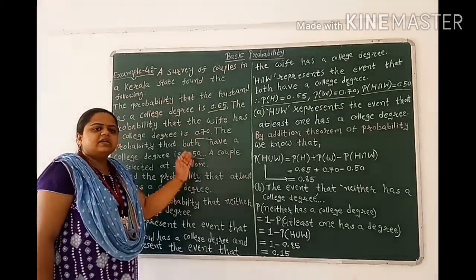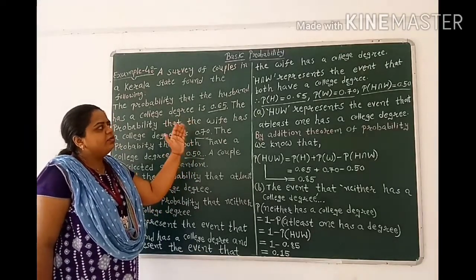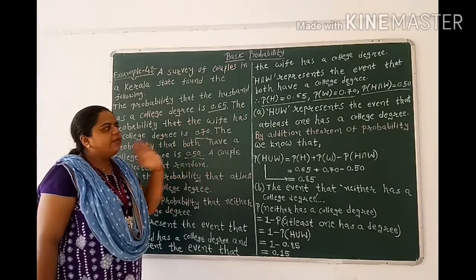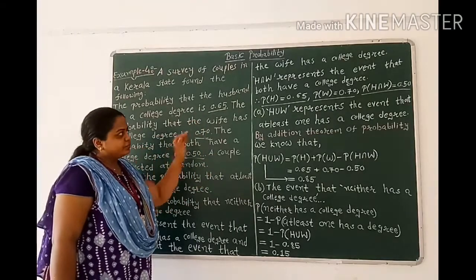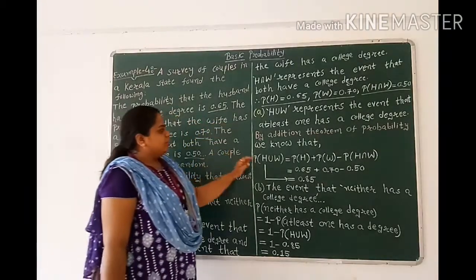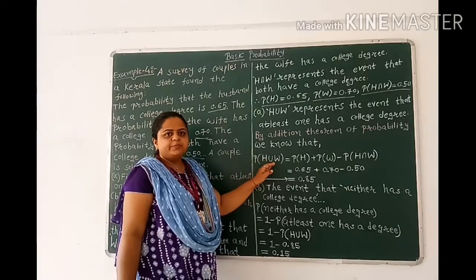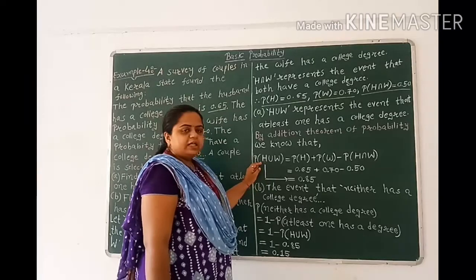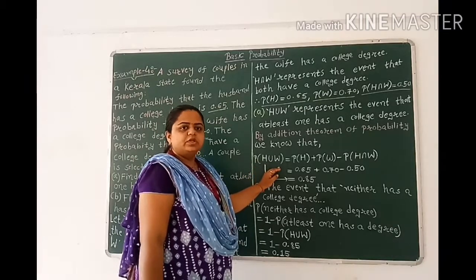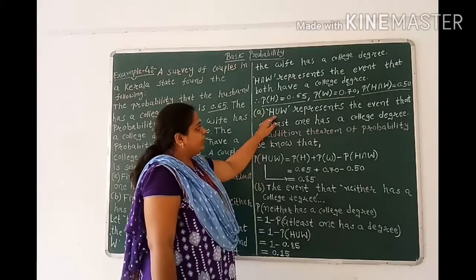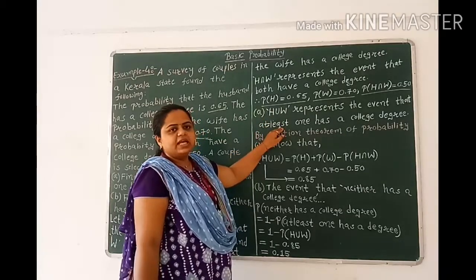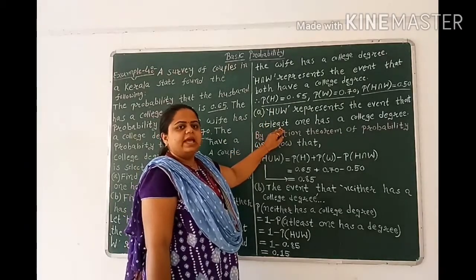That is either H, or W, or H intersection W. So that is H union W. Here we have to find the probability of H union W. So H union W represents the event that at least one has a college degree.